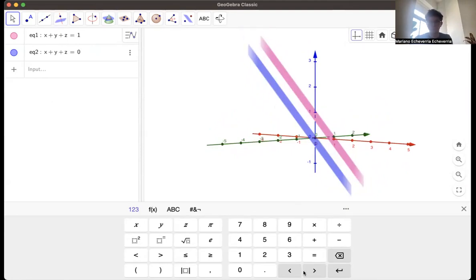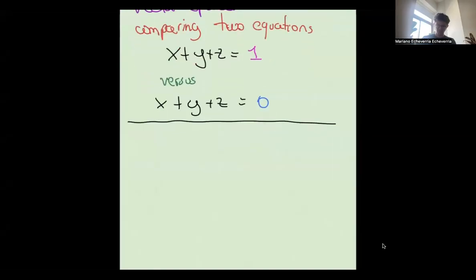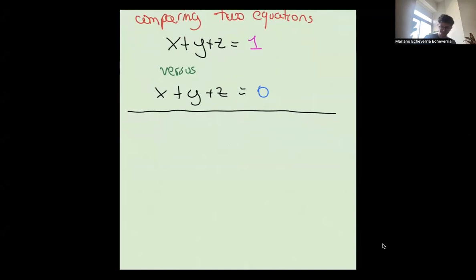So let me write that down first, because that seems not like a big difference, but it actually is an important difference.